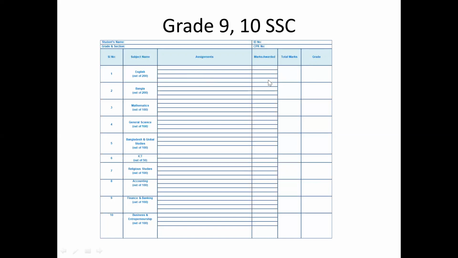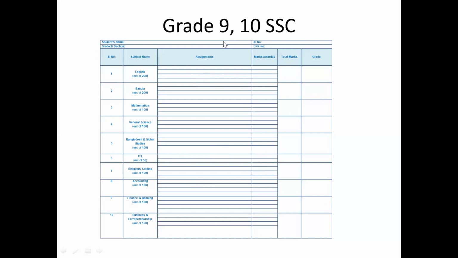Each of these marks will be out of 50 and the total marks will be out of 200. And similarly for ICT, I have given only 2 rows for giving assignments because it is out of 50. So each one should be out of 25.